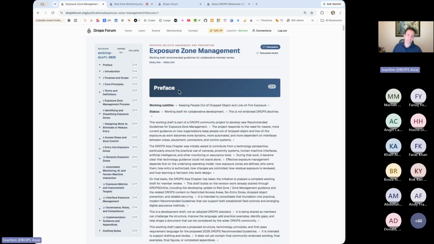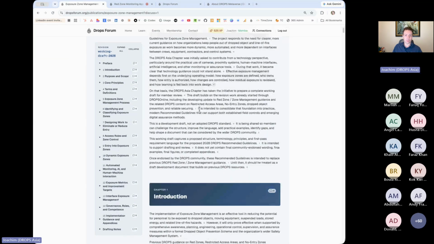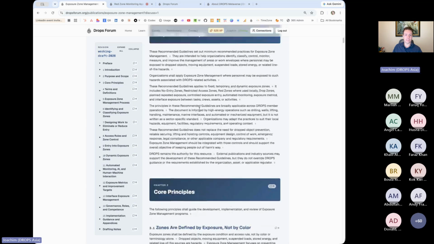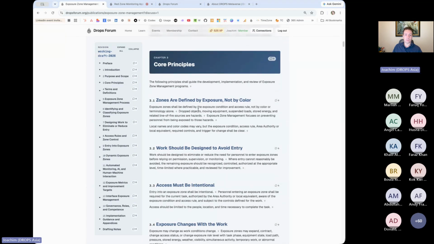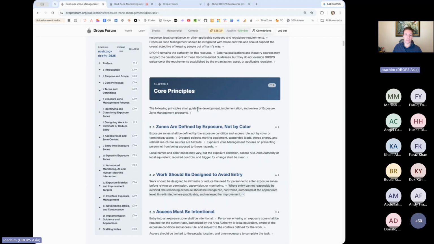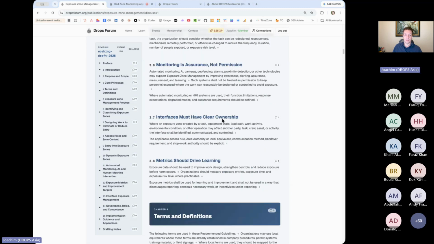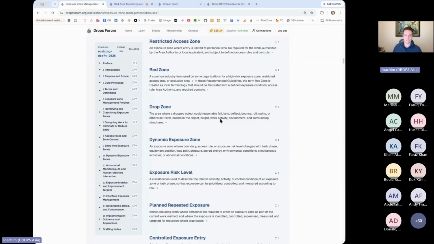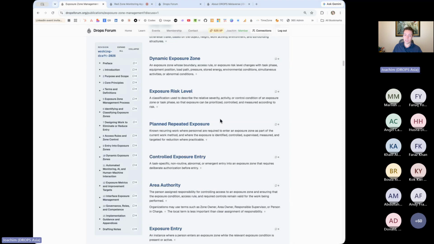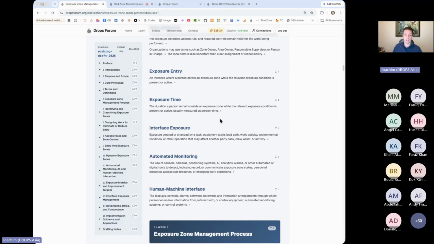Obviously the document is way too long for us to go through in detail, but we have of course our preface, our introductions. We talk about some core principles here. We have our definitions. Probably quite some work can still be done there.